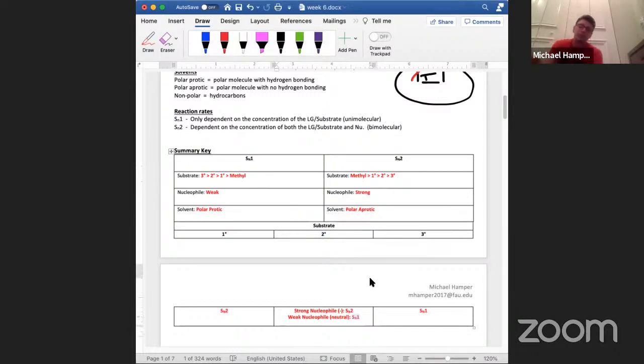And what's a rule of thumb for determining if it's strong or weak? If it's negatively charged or not. Because what's a nucleophile? The nucleophile is the thing that's using its electrons to go attack something. If it has more electrons, then it's more negatively charged, so it's a stronger nucleophile.